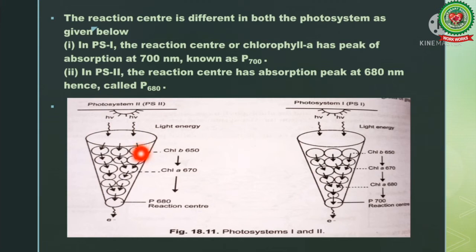Photosystem 2 is located on the inner surface of the thylakoid, that is, in the stroma and non-appressed regions of grana. The reaction center of photosystem 2 is P680. Chlorophyll to carotenoid pigments are in a ratio of 3:7:1. Chlorophyll A with peak absorption at 680 nanometer acts as its reaction center.